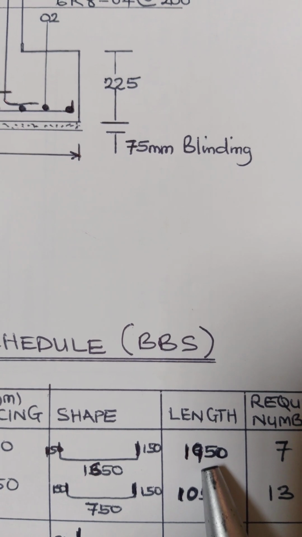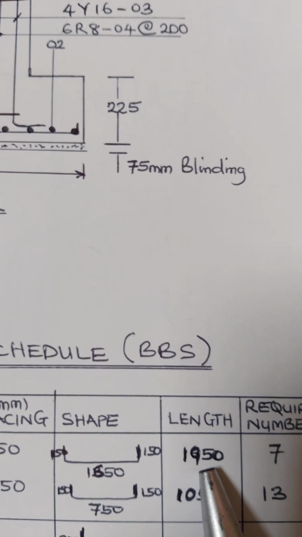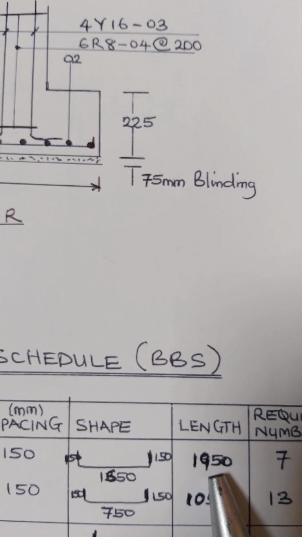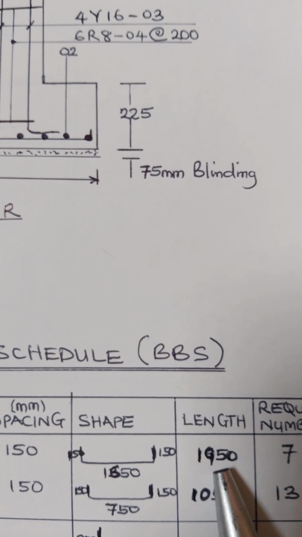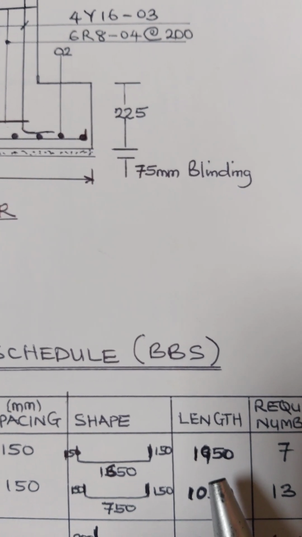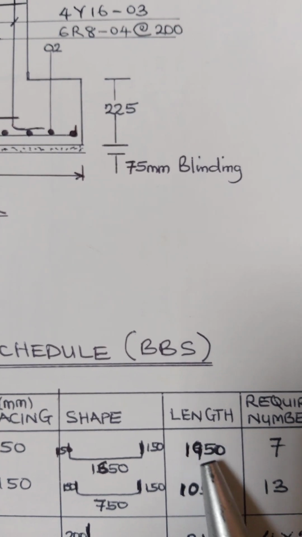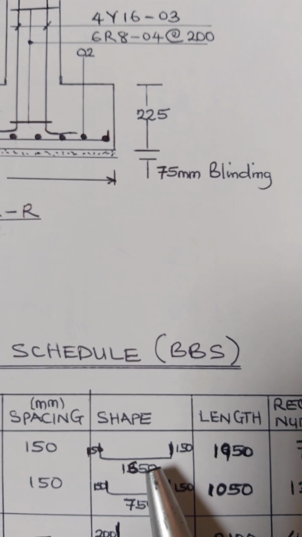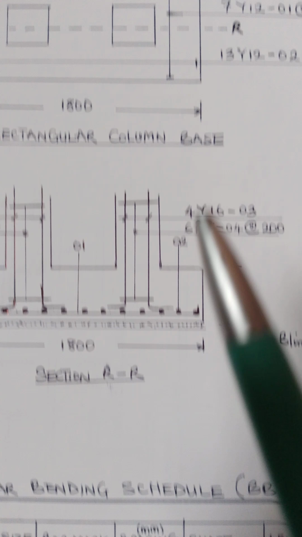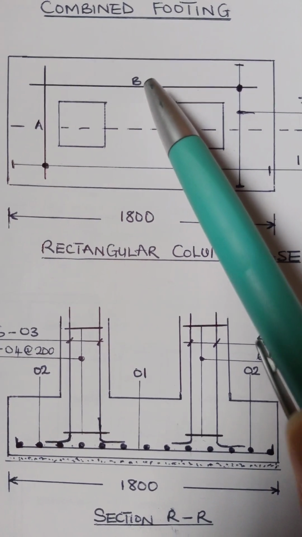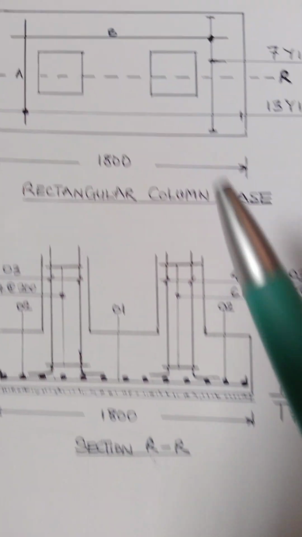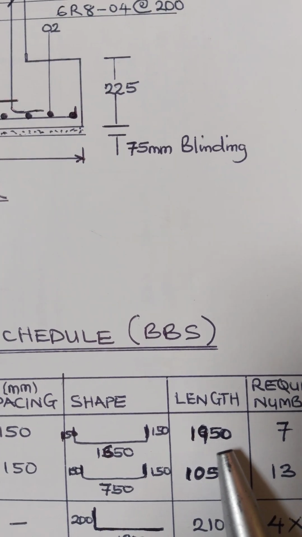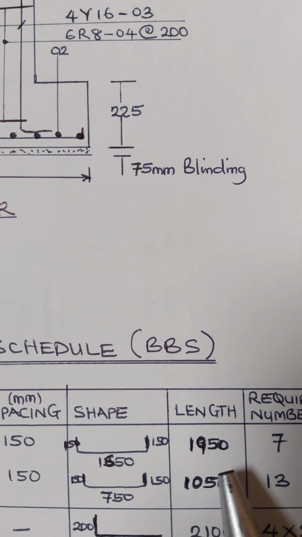He will cut based on this length because, as you know, steel fitters' work basically entails cutting, bending and assembling of this reinforcement. So they work with dimensions. This is the length that they are expected to cut for reinforcement B: 1950 millimeter length.